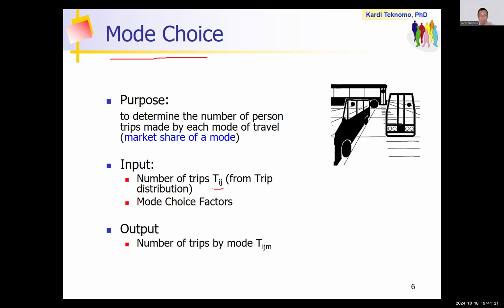Sometimes we call it modal split, and you split the person trips by mode. So instead of Tij it now becomes Tijm, where m represents the mode. So the question is, what are the factors that make them choose different modes? Basically, mode choice is about computing the market share for each mode.